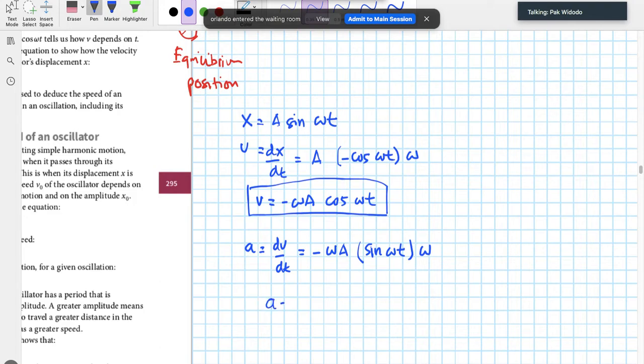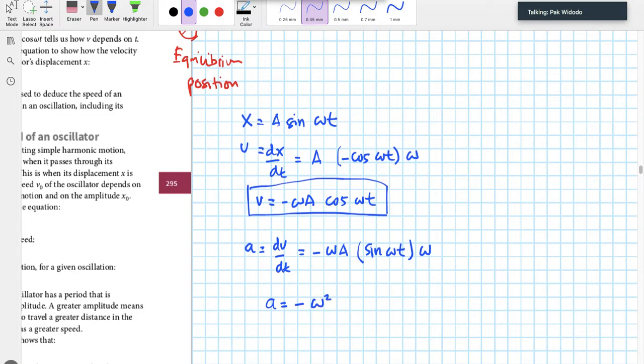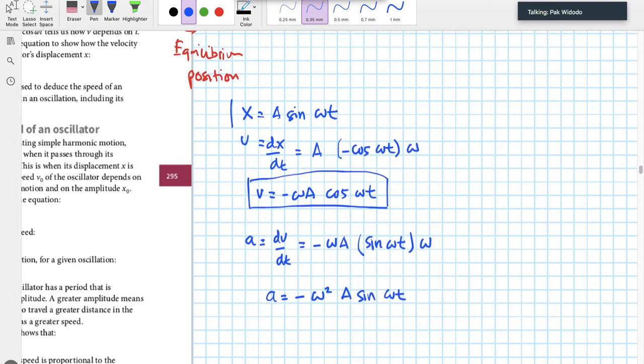So we have a equals minus omega times omega square a sine omega t. Then we know x equals a sine omega t, so on this equation we can change it into x. So a equals minus omega square x.